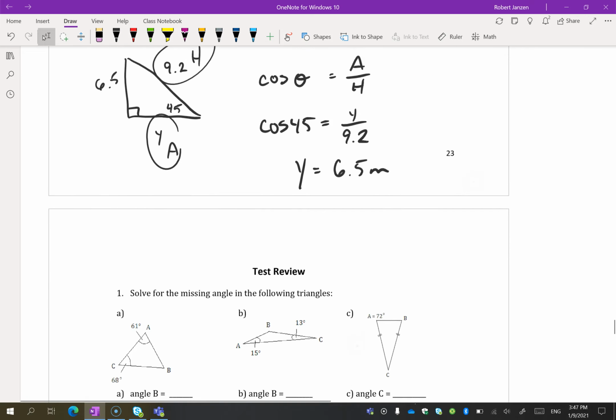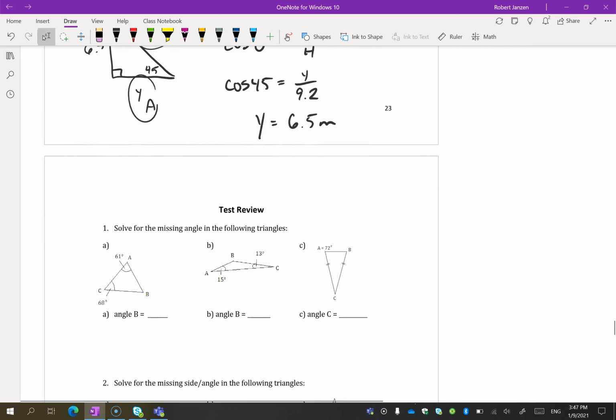Okay, so we are at the end of this unit. Now it's time to do some reviewing. All right? Let me just quickly go through a few things. So the first, when you're doing these triangles, if it's a 90-degree angle, then you can use sine, cos, tan, and you can also use Pythagoras.